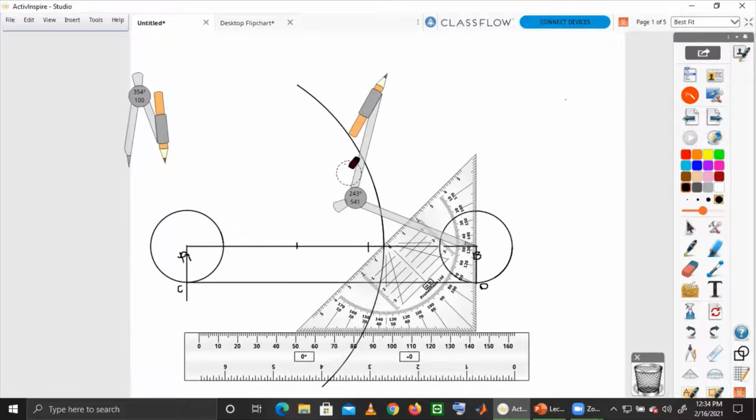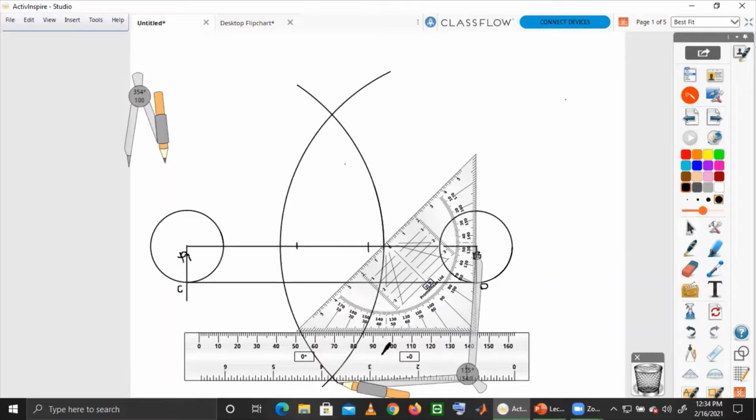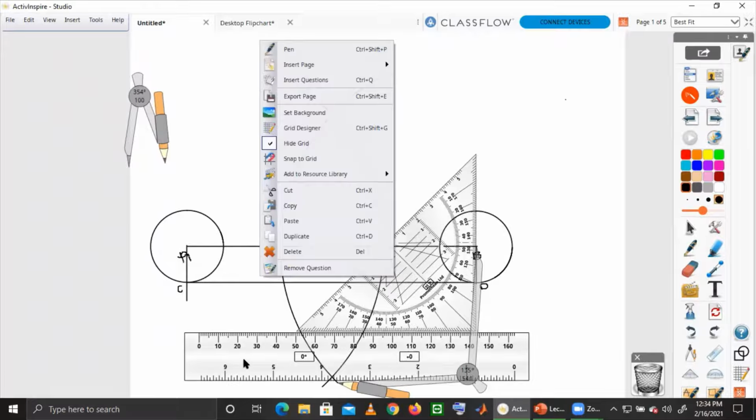All right. So I'll draw my next arc. There we go. Good. So I have my two arcs. Now I'm going to draw a straight line using the points of intersection of the arcs here and then here. I'm going to draw two lines through those points.